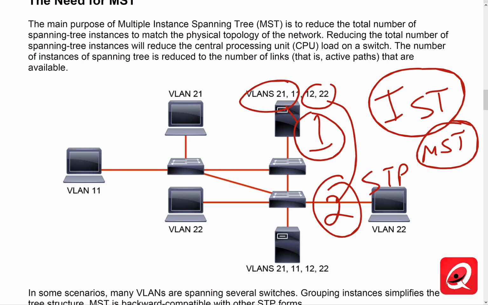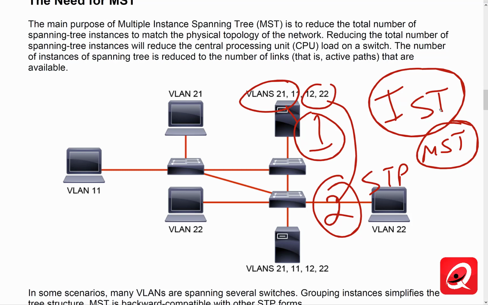Now, you might say, going from 5 instances of spanning tree down to 3 doesn't sound like it's saving a lot, but the reality is that it is saving quite a bit, because most likely we're not just running 5 VLANs in our topology, but maybe 20 or 30 or 40 VLANs. And going from 20 or 30 or 40 VLANs down to 2 or 3 instances of spanning tree is a significant savings, right?